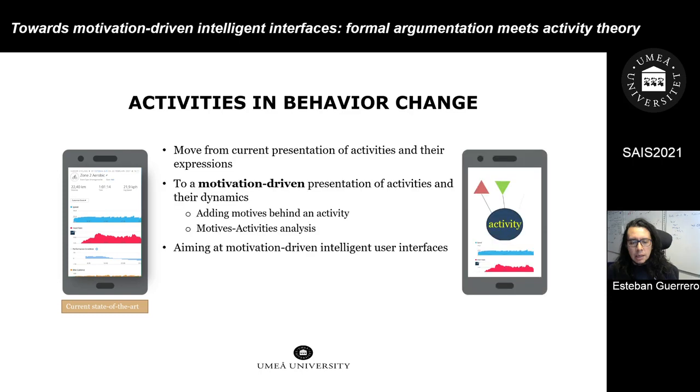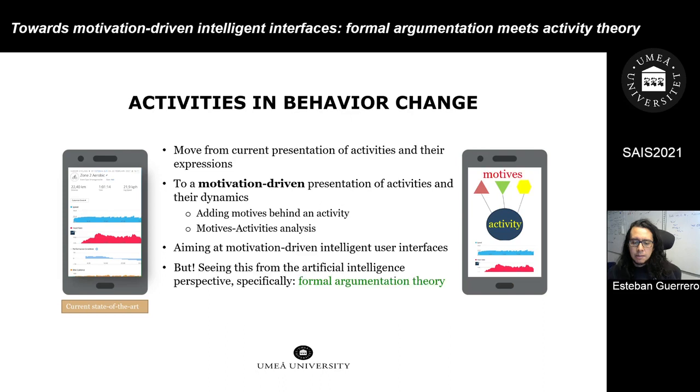The idea has been investigated in human-computer interaction and in UX, but our starting point is an artificial intelligence perspective, specifically formal argumentation theory, which is a non-monotonic reasoning process that provides a good starting point for formalization and analysis of the dynamics of activities and motives.